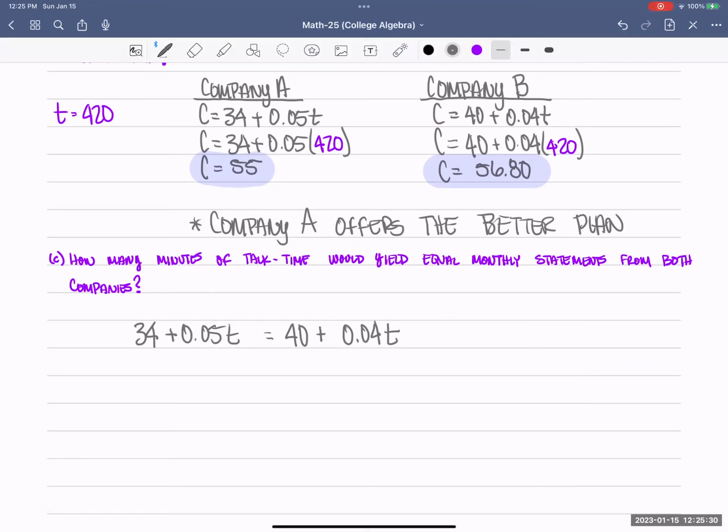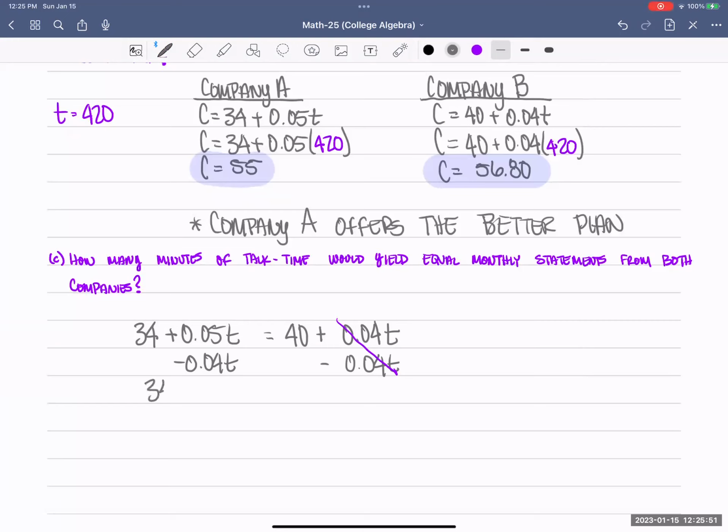So this here has a variable, so I'm going to shift it over to the left. So minus 0.04t, minus 0.04t. And that subtracts out here.